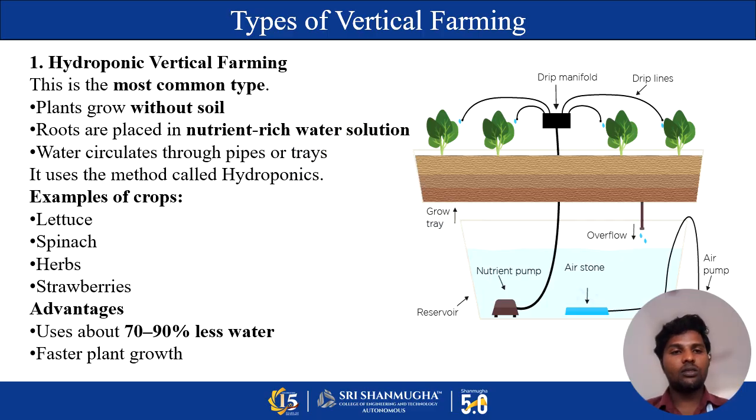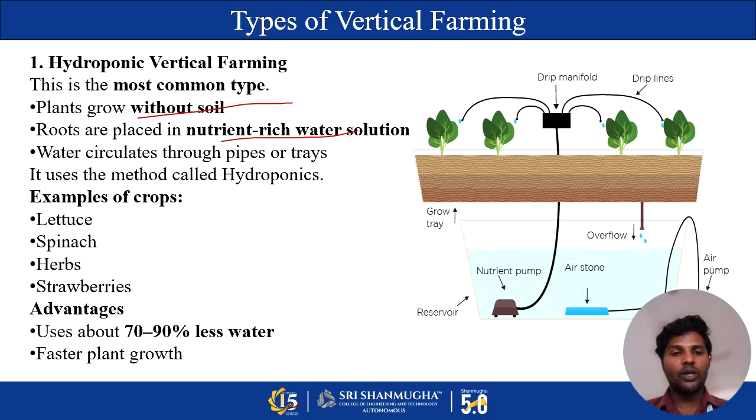In this system, plants grow without soil. Roots are placed in a nutrient-rich water solution. I'm going to mark this with the marker for your understanding. We grow the crops without soil, supplying the nutrients in water to meet the requirement of the crop.